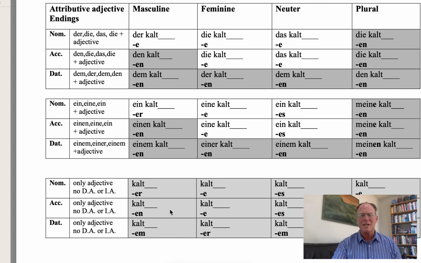So if you go to this third table with just an adjective, it's always the third line of each stanza.